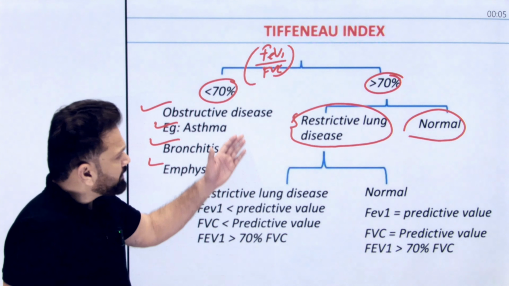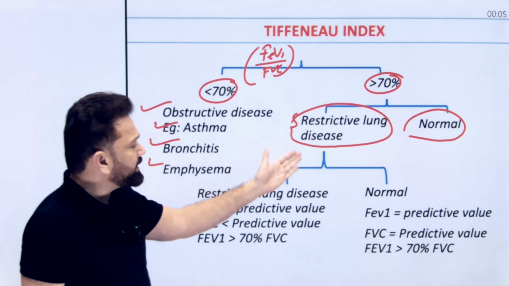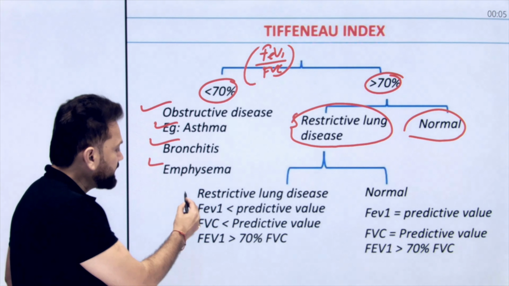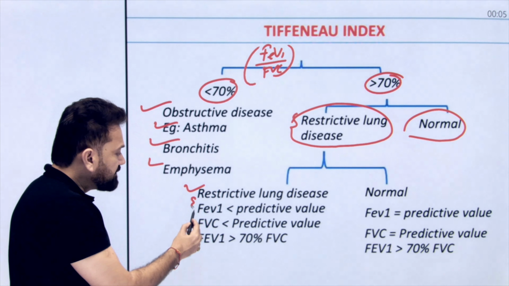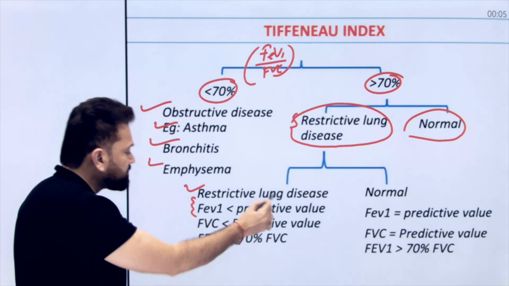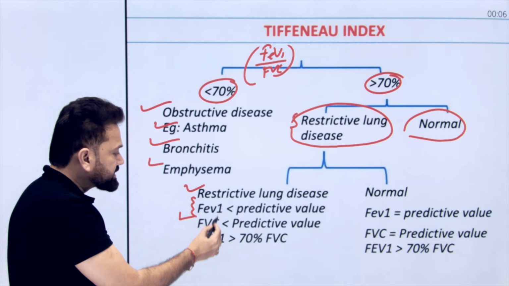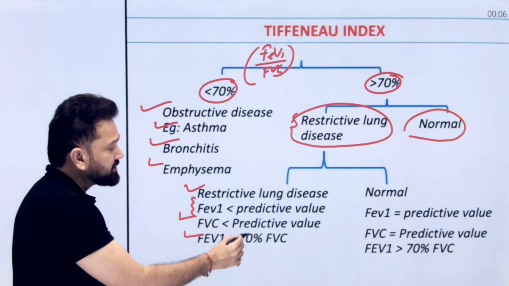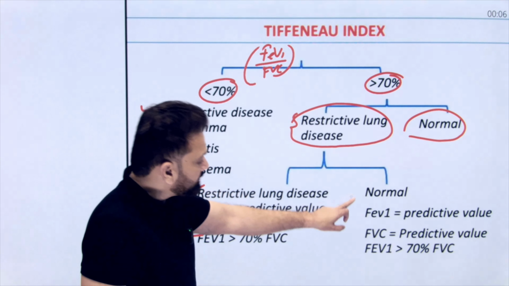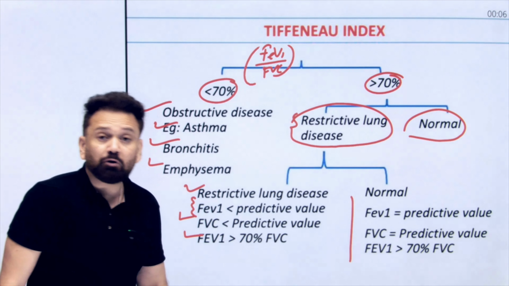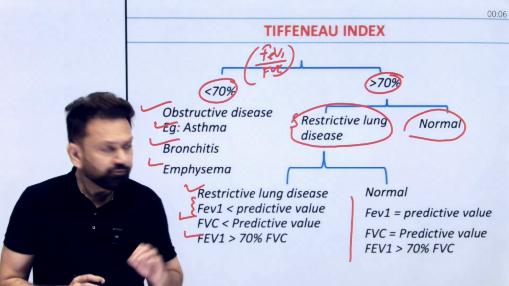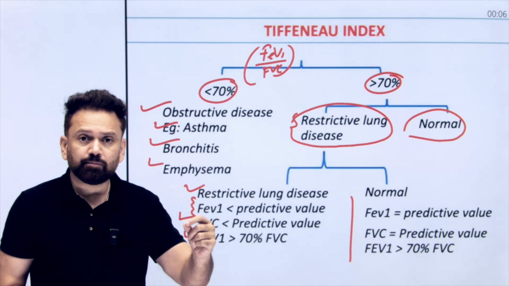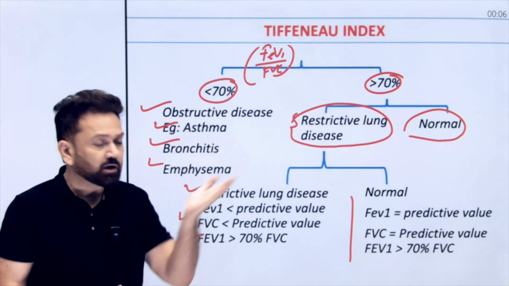If it is more than 70%, how will you diagnose whether the patient is normal or has RLD? The answer is that in RLD, FEV1 will be lesser than the predicted value, FVC is lesser than the predicted value, but FEV1 will be greater than 70% of FVC. If the patient is normal, everything will be normal. So what is the predicted value? Actually, this is a software based program. In the laptop, we have software and a mouthpiece, and the result will come out.